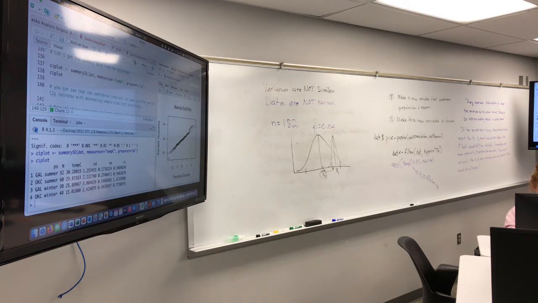Now call it up. Type its name. You should get in the habit of command return. It's much faster than going up and clicking the run thing every time.